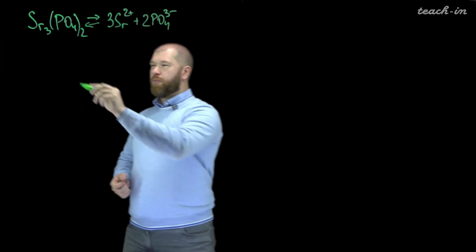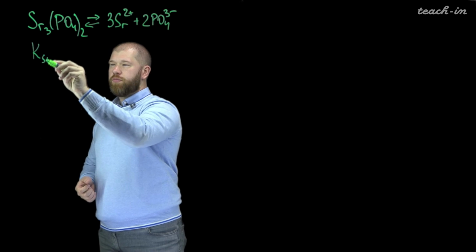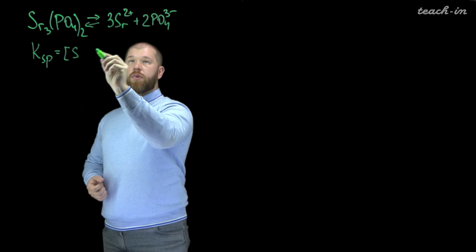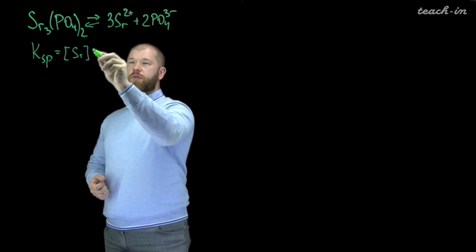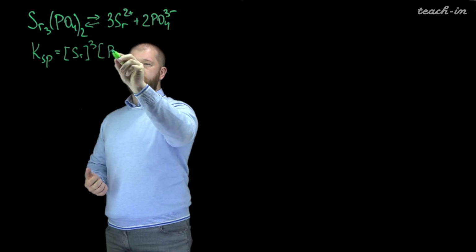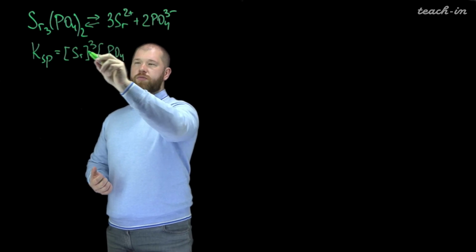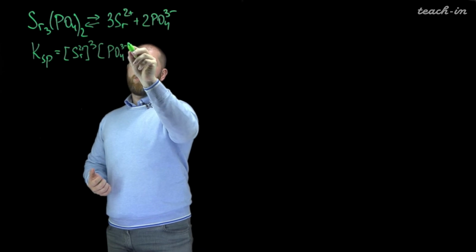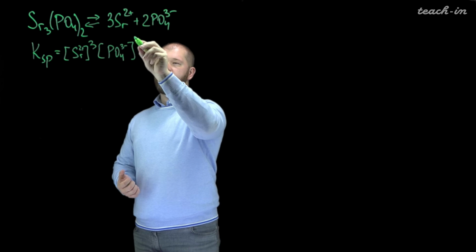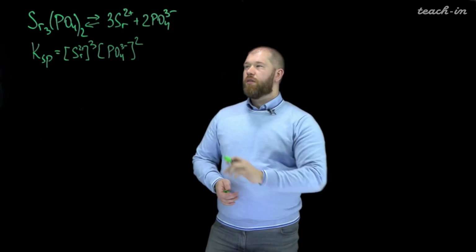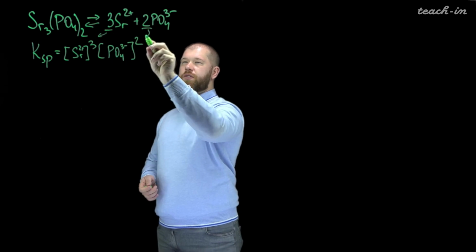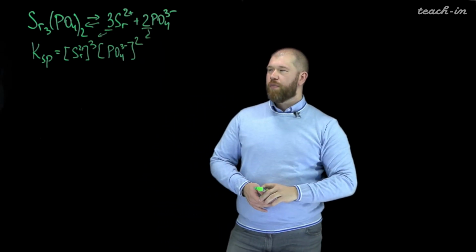And the solubility product is the product of the concentrations of strontium and phosphate, with the strontium 2+, with the degrees of their stoichiometric coefficients, like this and this, going to the respective degrees.